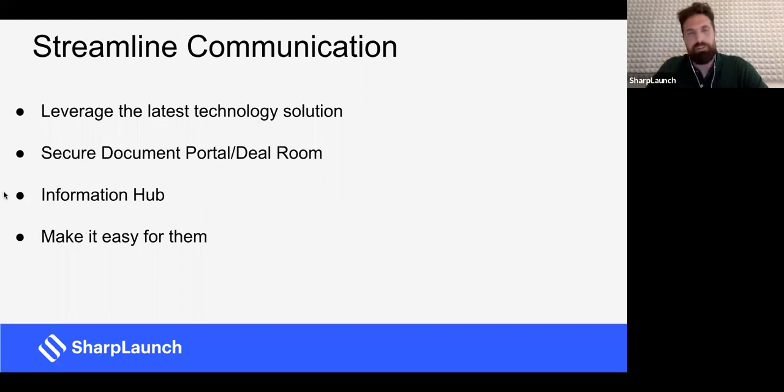The next thing you want to consider is streamlining your communication. With my boss, his sage advice was somewhat direct. But everyone appreciates a simple communication process. And your solution here has to be leveraging the latest and greatest in terms of technology. And we've built that.